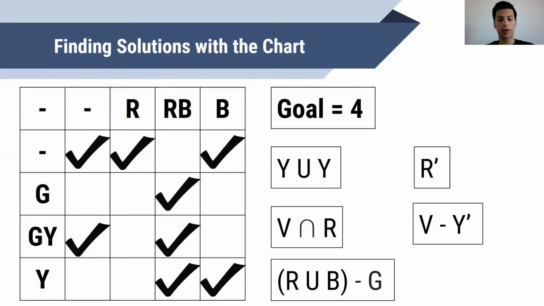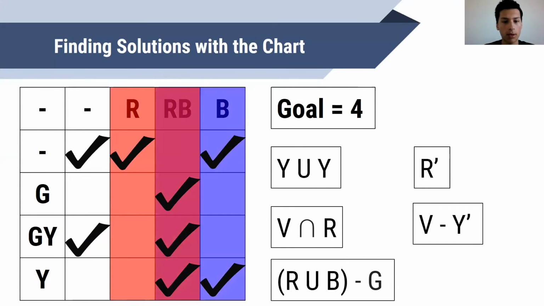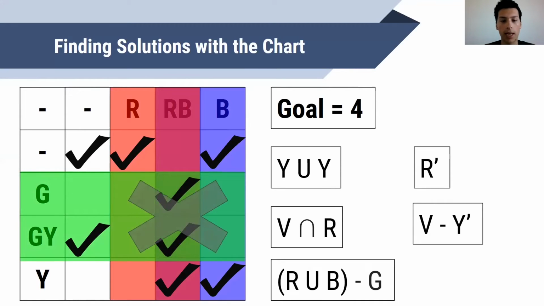So the last one here is red or blue minus green. Once again, a little bit more complicated, but it's very simple with the chart. So red or blue, that's all of these 6 cards here, but we don't want green in any of those cards. So let's cross off the green and we're left with 4 cards. 1, 2, 3, 4.